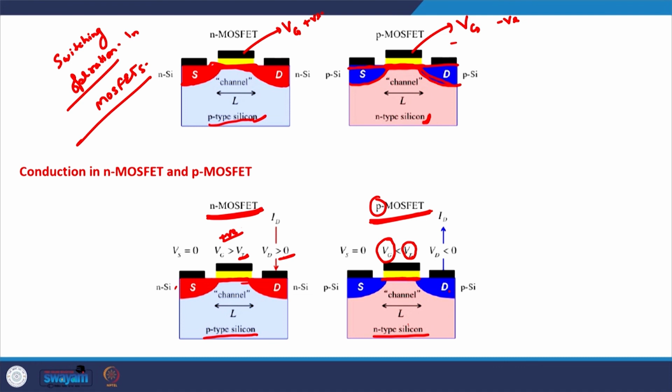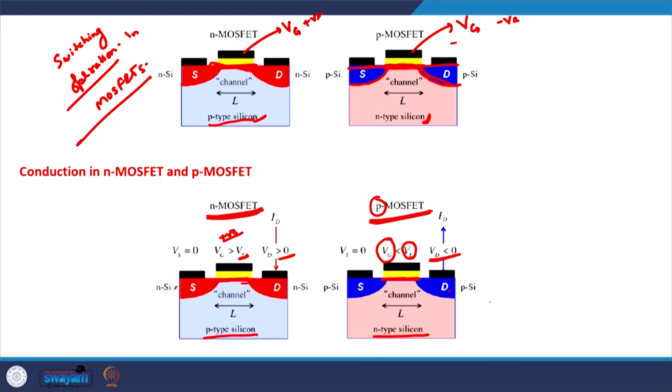Then if we apply a negative voltage on the drain terminal and 0 voltage on the source terminal, the current will flow from the source to the drain, and holes will flow from the source to the drain. Okay. So, please keep these minute differences in mind: the current direction in the p-MOSFET and n-MOSFET is reverse to each other.